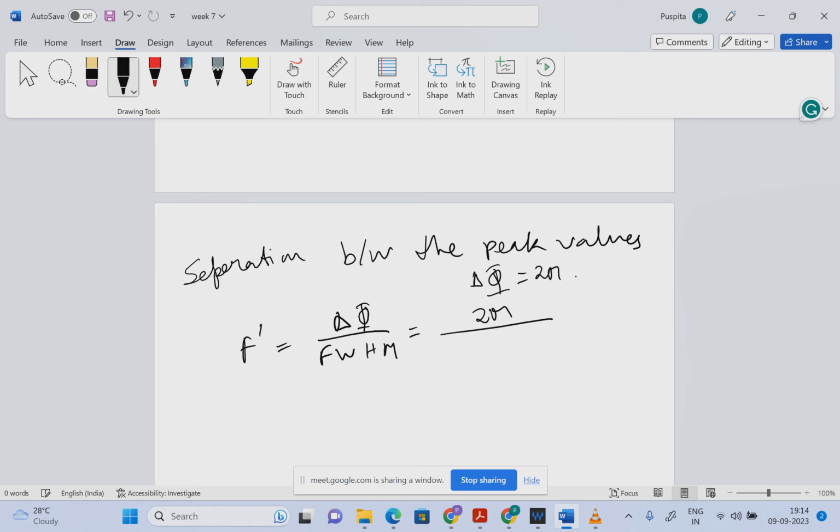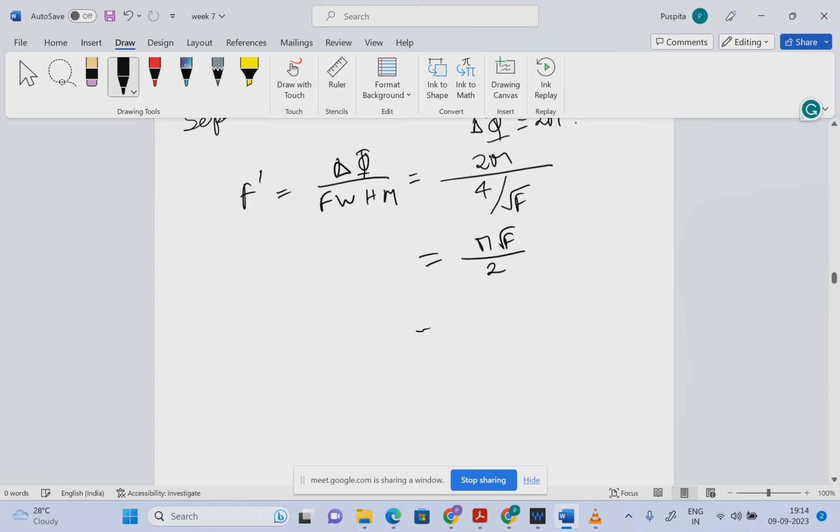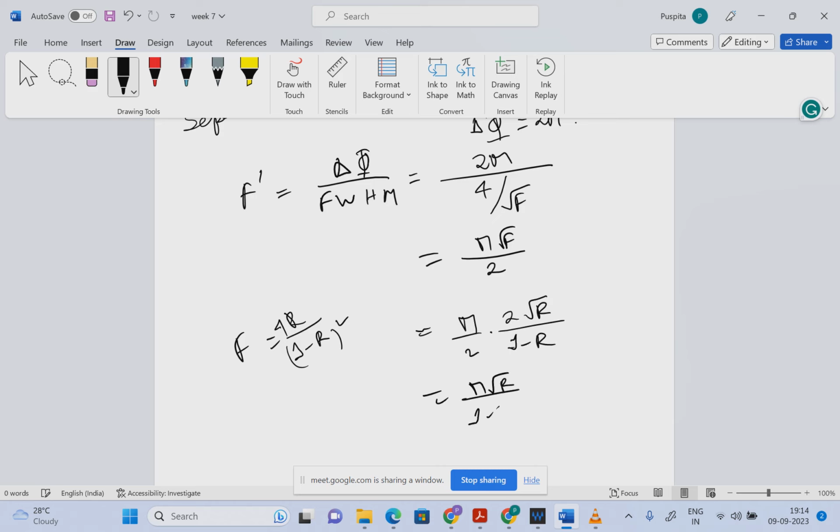So delta phi will be 2 pi by 4 pi root F. This will be pi root F by 2, where root F is equal to r by 1 minus r, so r by 1 minus r squared. So this will be pi by 2, root r over 1 minus r. So, pi root r over 1 minus r.